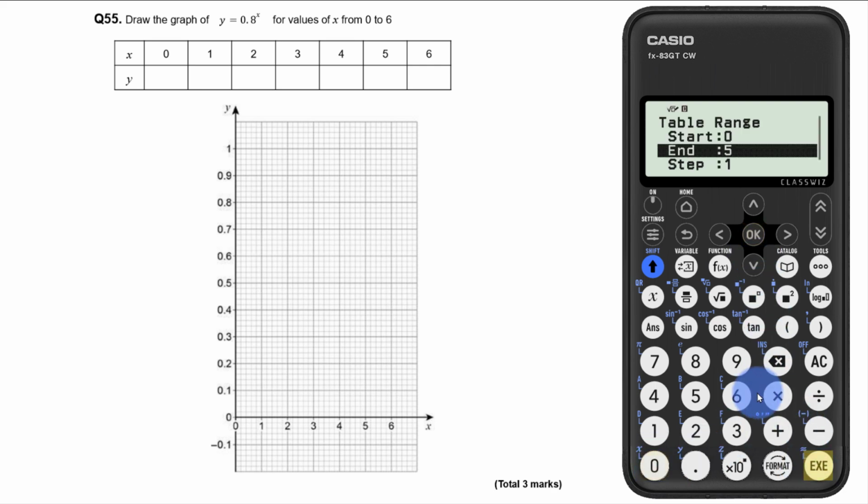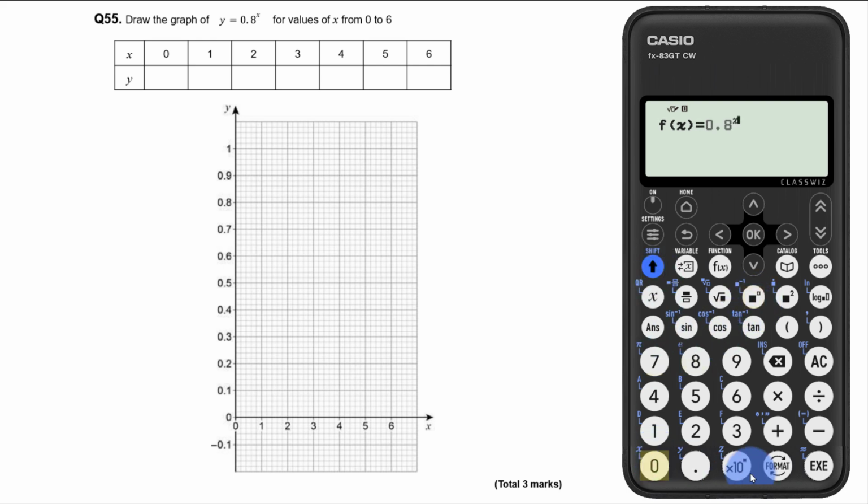This time we're going from 0 to 6 in steps of 1. Once I've got the range typed in, you'll see that my x column is now populated with 0 to 6. I need to find the f of x column now, so I'm going to press the tools button again, go down to define f of x, g of x, select f of x and type in the function 0.8 to the power of x.